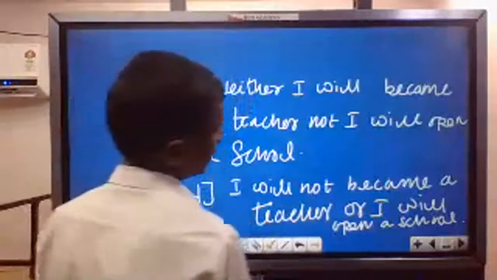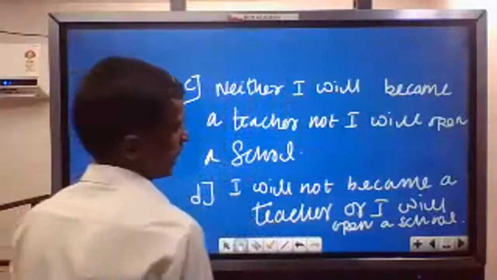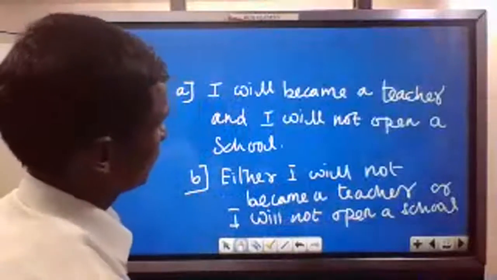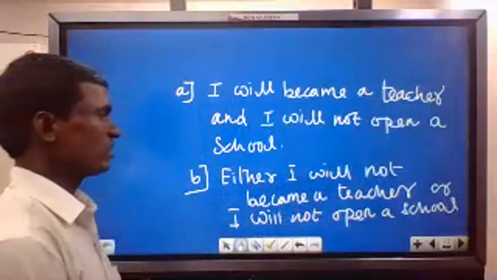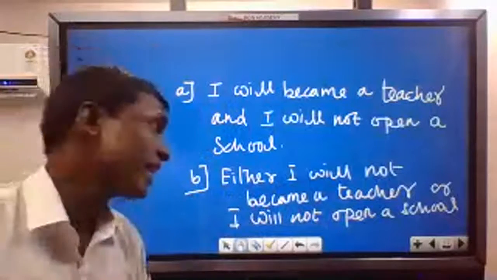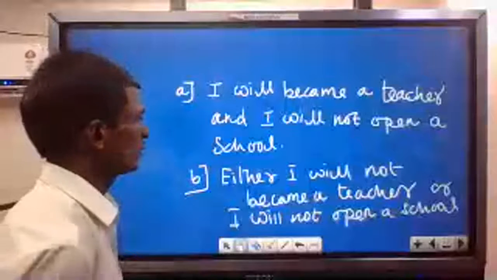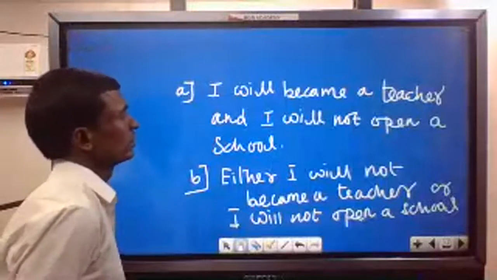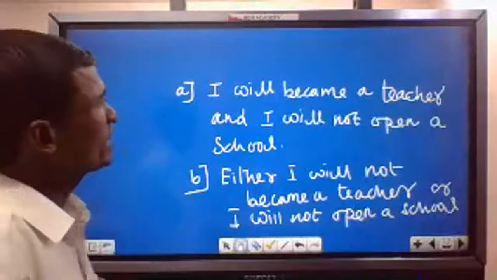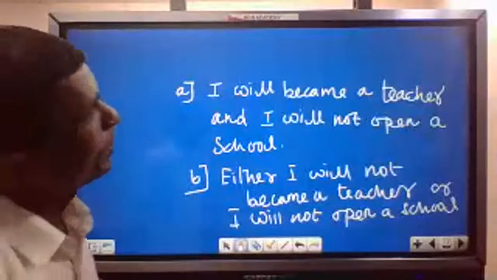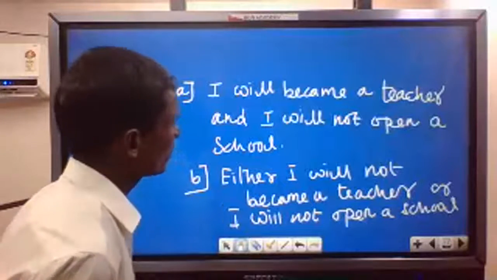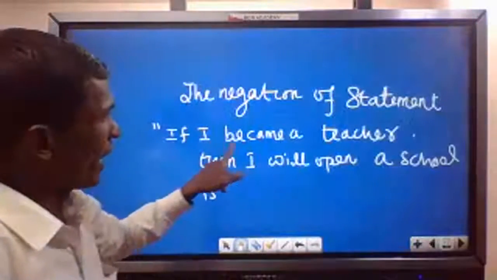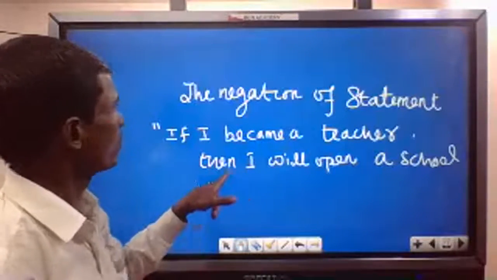And fourth one, I will not become a teacher or I will open a school. Here it is mentioned that I will become a teacher and I will not open a school, but the original says if I become a teacher, then I will open a school.